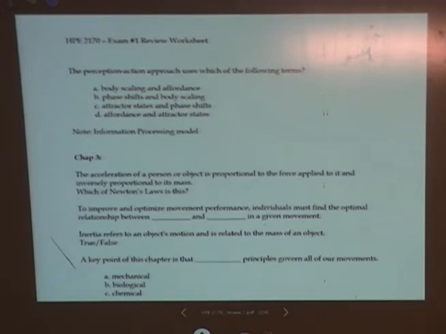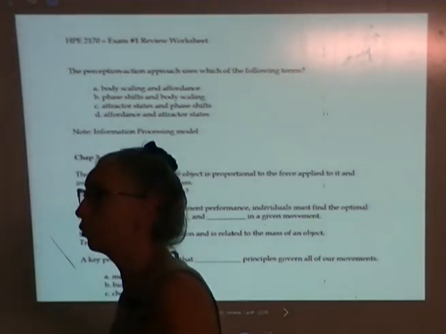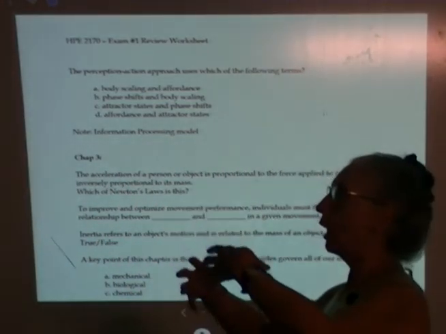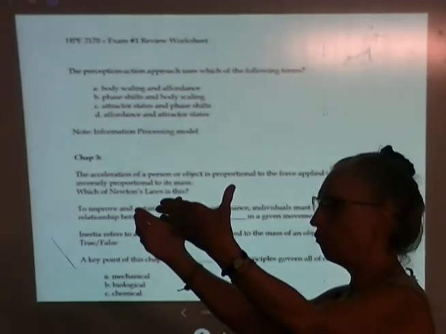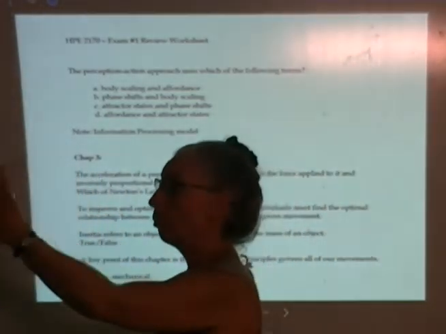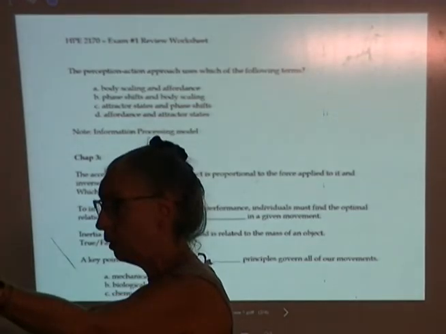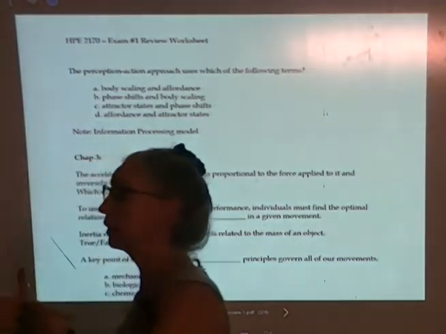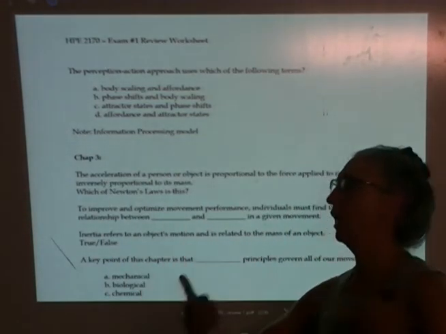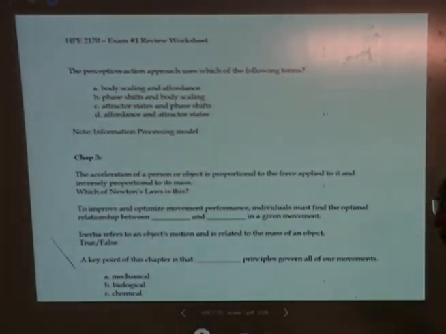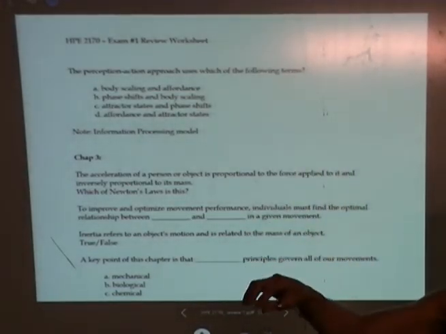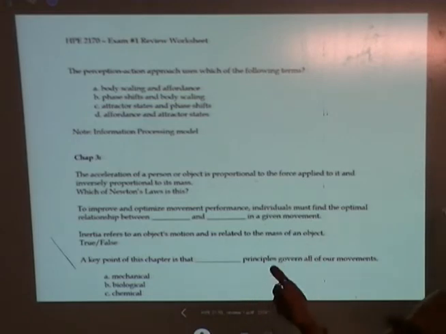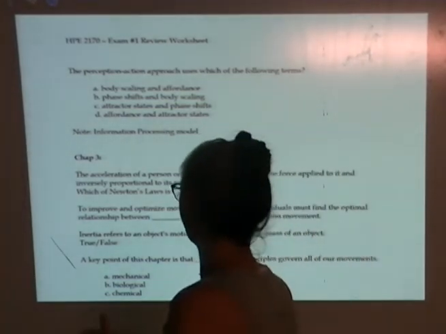Yes, it is A. Remember we talked about affordances, things like how I perceive the environment affords me the opportunity to move in that environment. So affordances are the opportunities that an environment provides an individual to move, right? But it's based on my perception, not on reality necessarily, because my perception could be a little bit skewed.